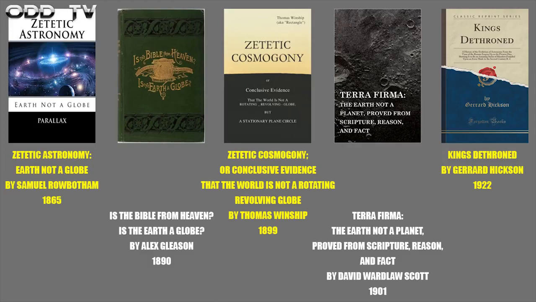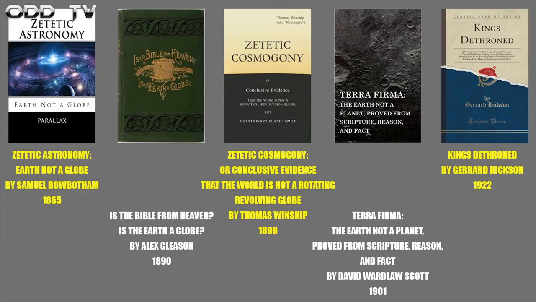You can find several well-written books with amazing insight on why the heliocentric theory is false and why the static plane is the truth, and these books kept coming well into the 1900s. We have Zetetic Astronomy from 1865, Is the Bible from Heaven? Is the Earth a Globe? From 1890, and that one was written by the guy who made the now famous Gleason's map, which is a flat Earth map.